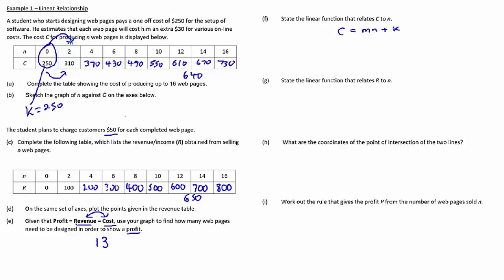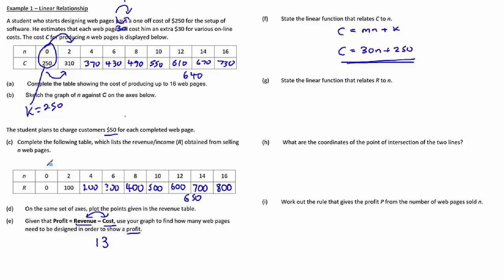And every time we went up by 2, we went up by 60. So if we go up by 1, we'd go up here by 30, so that's the gradient. So c is going to be 30n plus 250. And of course we can always check that with some values in the table.